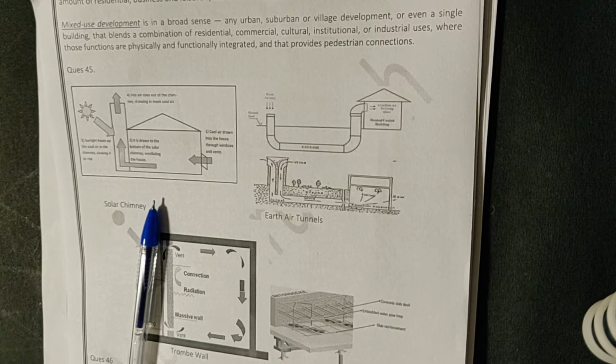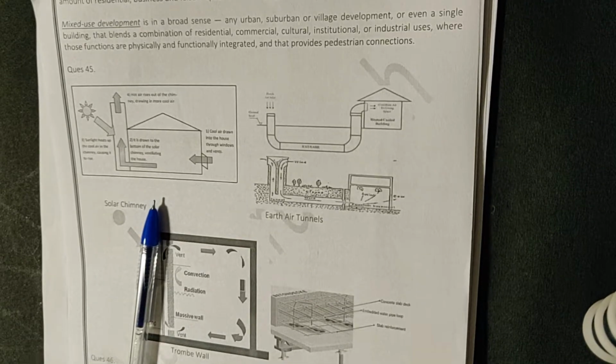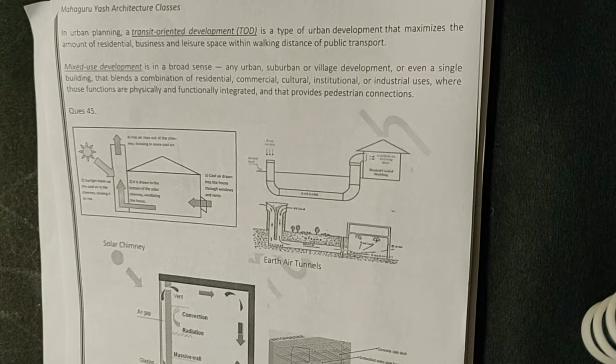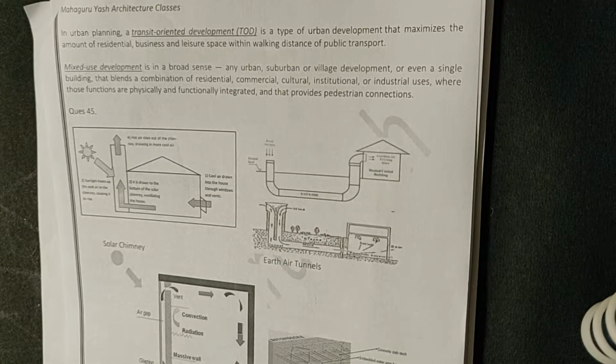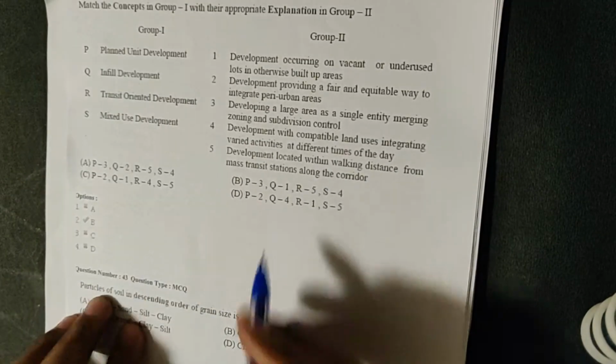The next is mixed use development. It's on a much broader scale, and according to this, you are mixing different land uses in a particular area. Hence the answer becomes B.